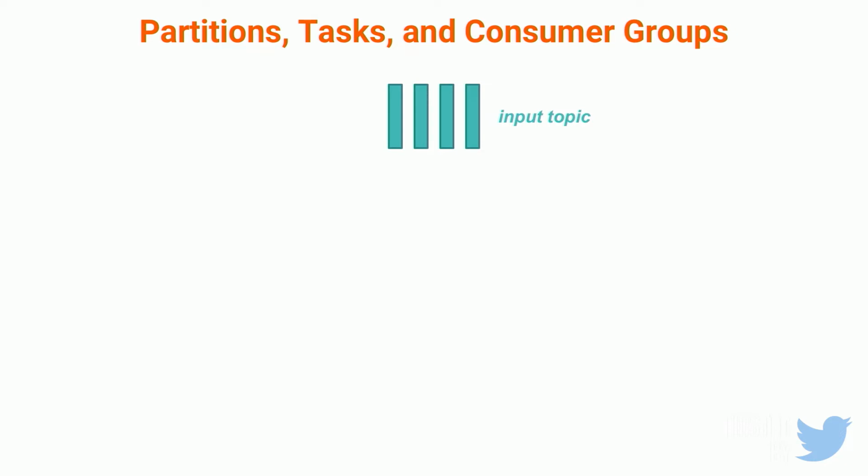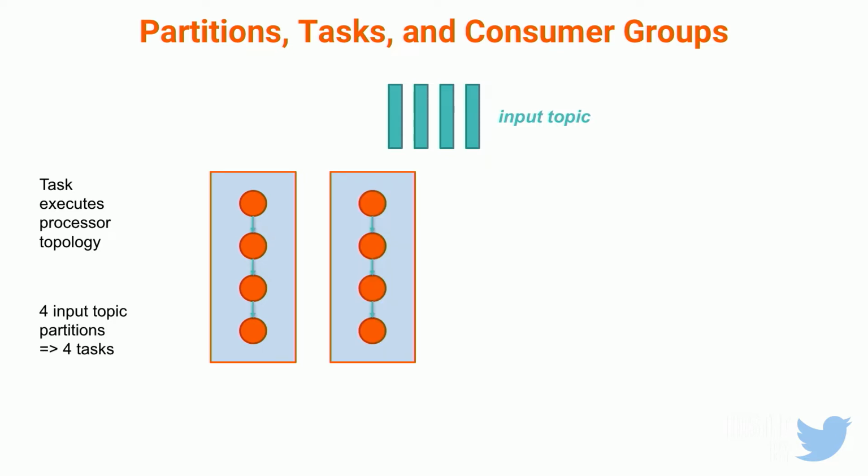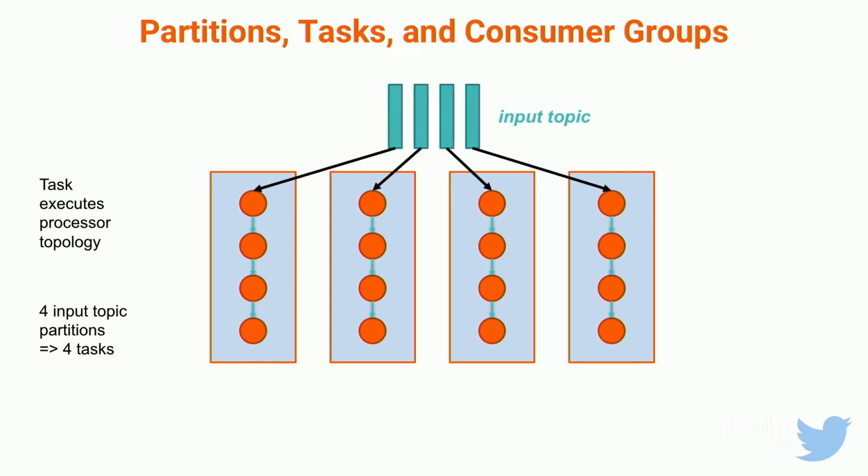So let's assume we have an input topic with 4 partitions. And so we can create a task, and a task is running a copy of this processor topology that I just described earlier. Because in this example we have 4 input topic partitions, we're going to create 4 tasks. Each of these tasks is connecting to exactly one partition and consuming the data from it. So it's fully data parallel.